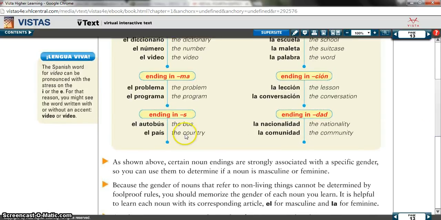If they end in s, masculine, el autobús, el país, they tend to be, right? And then if they end in dad, which in English they end in ity, that's the equivalent. La nacionalidad, la comunidad, and there's lots of words that end in this ending, so they're going to be feminine. Okay?